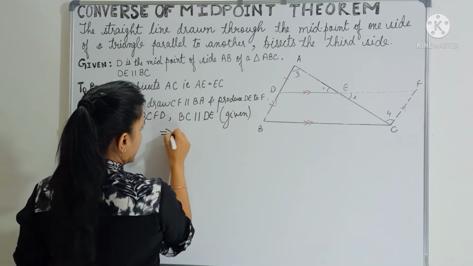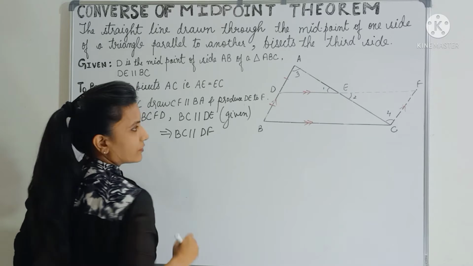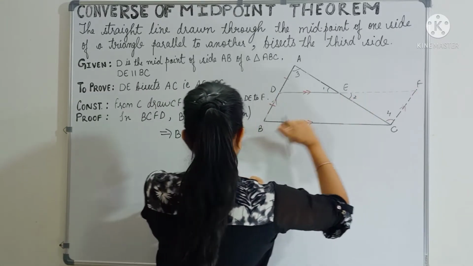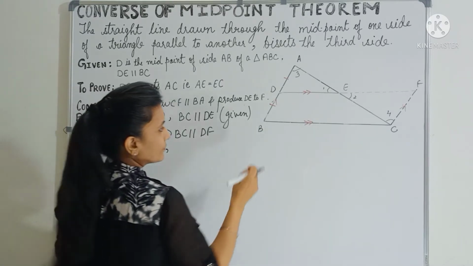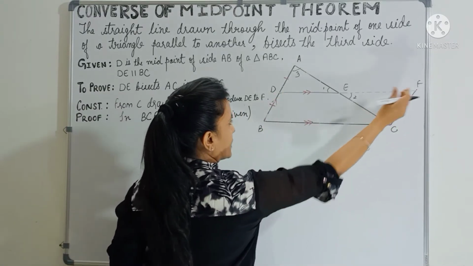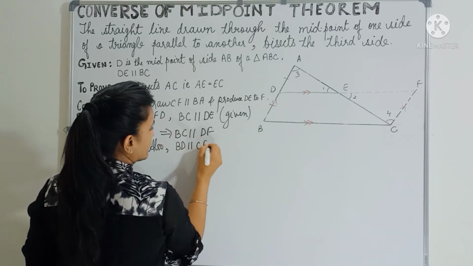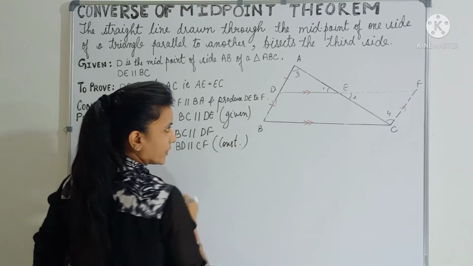So this implies BC is parallel to DF, right? BC is parallel to DF. Also, BD is parallel to CF, right? BD is parallel to CF. Why are they parallel? By construction. Alright.